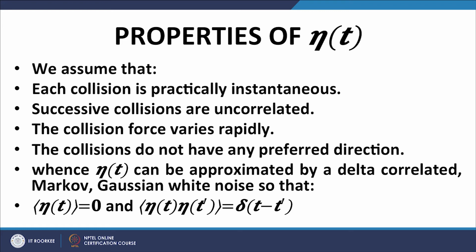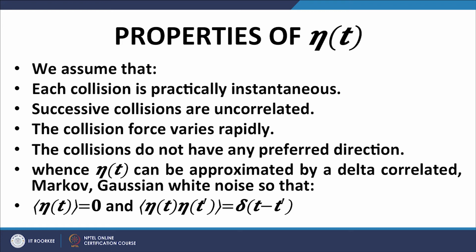So, these are some fundamental assumptions, and under these assumptions we can approximate eta t as a delta correlated Gaussian white noise, and therefore we have the two fundamental properties.